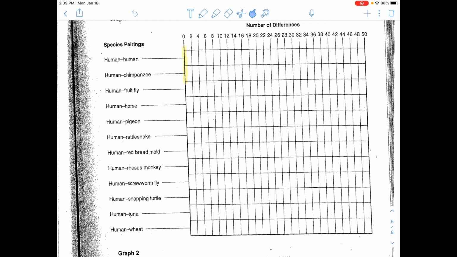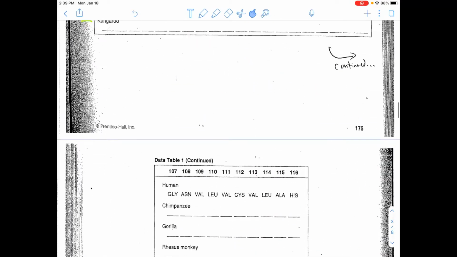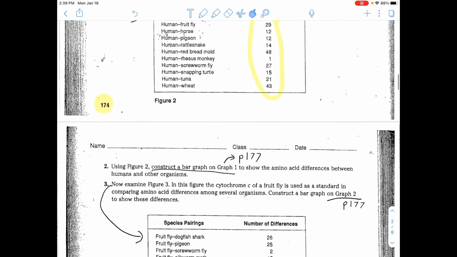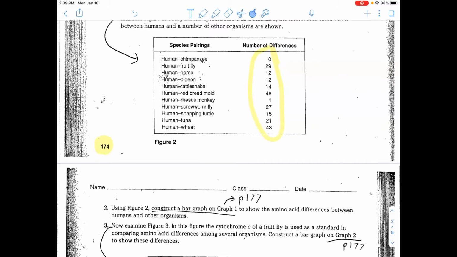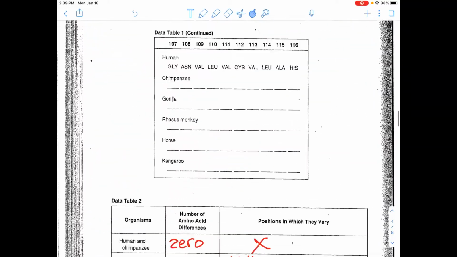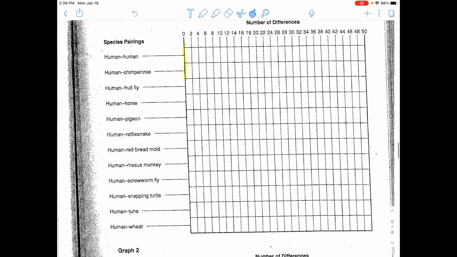What about human and fruit fly? I have to scroll back up to my data here. Human and fruit fly had 29 differences. So I'm going to come down here, and 29 would be halfway between 28 and 30. So I'd go up to about there, and it's a bar graph, so I'd color all these in. Your bar graph is going to go sideways, which is fine. It might just look a little different than what you're used to.